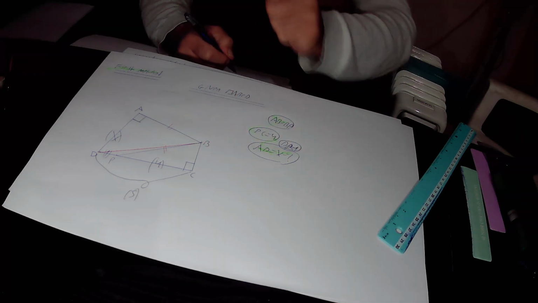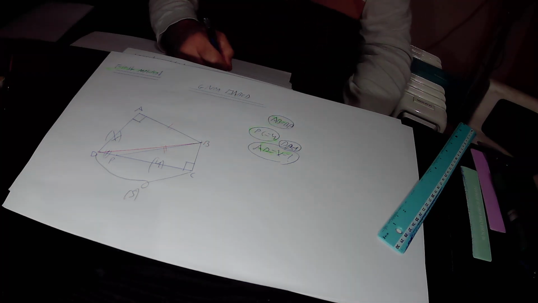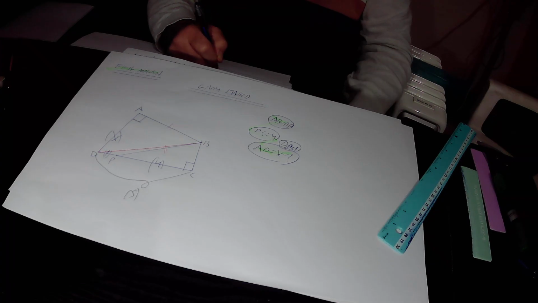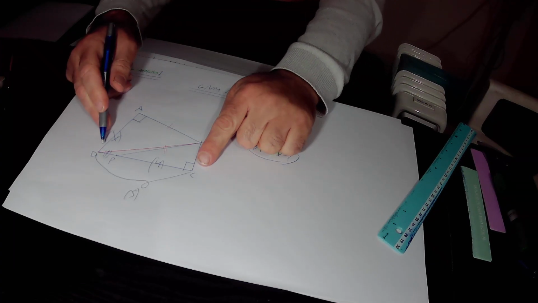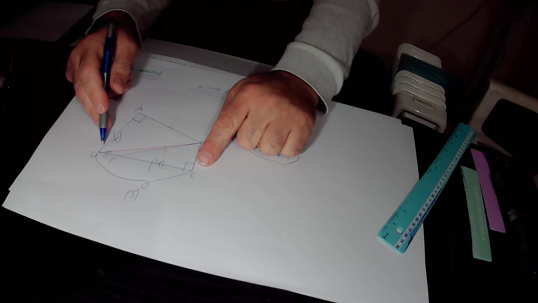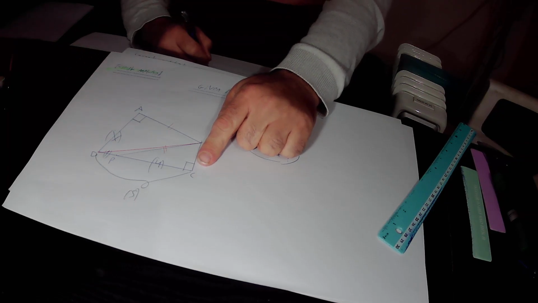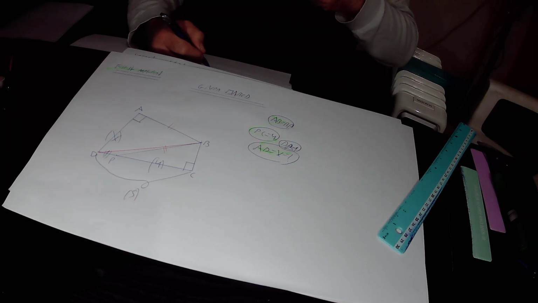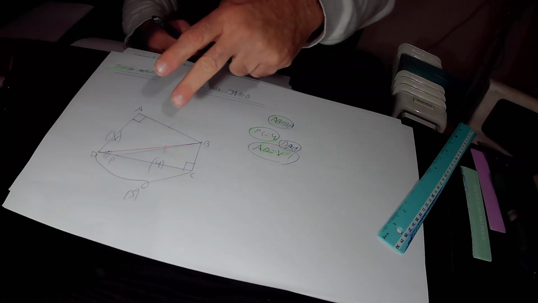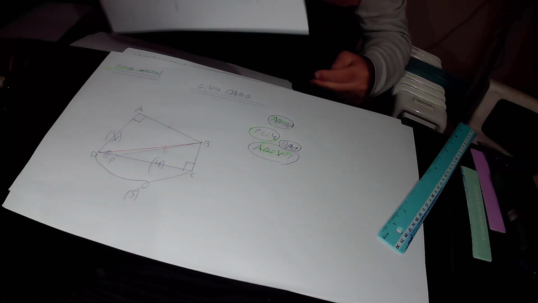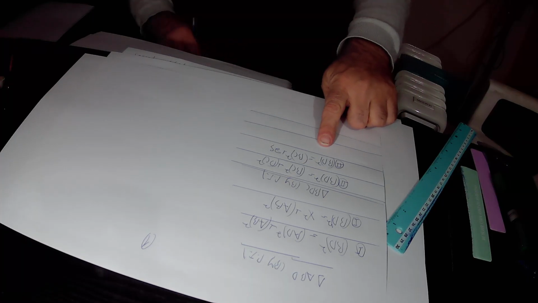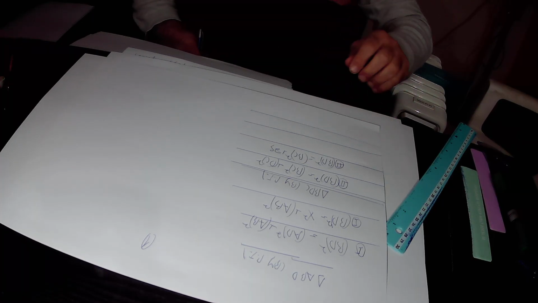BC is also unknown, so we leave it as it is. It is BC square plus DC square. DC equals 5, and therefore DC square is 5 squared, that is 25. So in total, according to the Pythagoras theorem in the lower triangle DBC, BD square equals BC square plus 25.